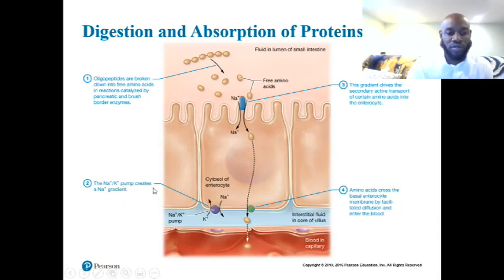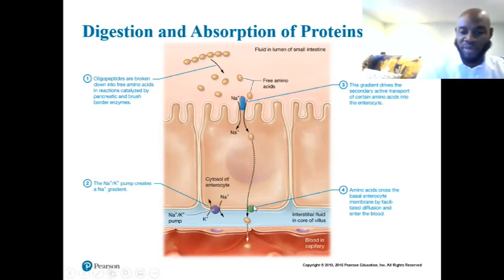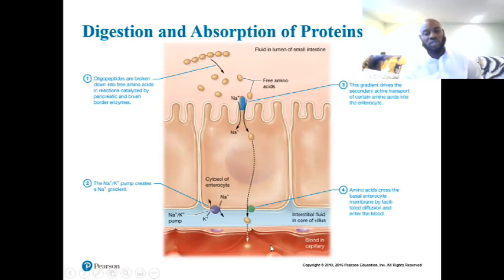You have the sodium potassium pump, which creates a gradient that drives secondary active transport, and then the amino acids can pass through the basal side with facilitated diffusion. That means it's passive transport at this point: active transport into the enterocyte, passive transport out, and then eventually into the bloodstream and onto the liver. Liver's doing a lot of work here.